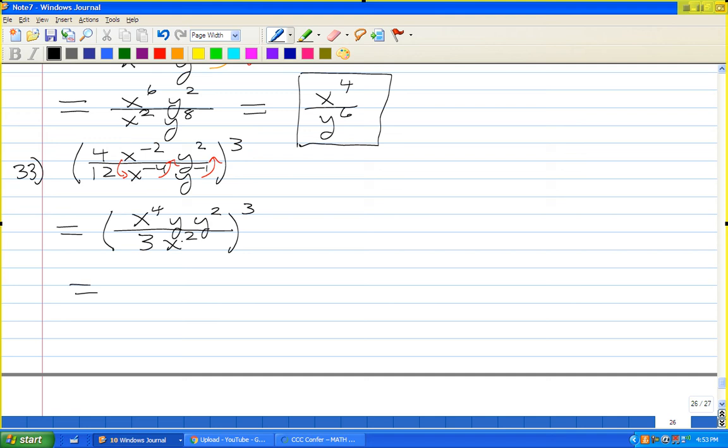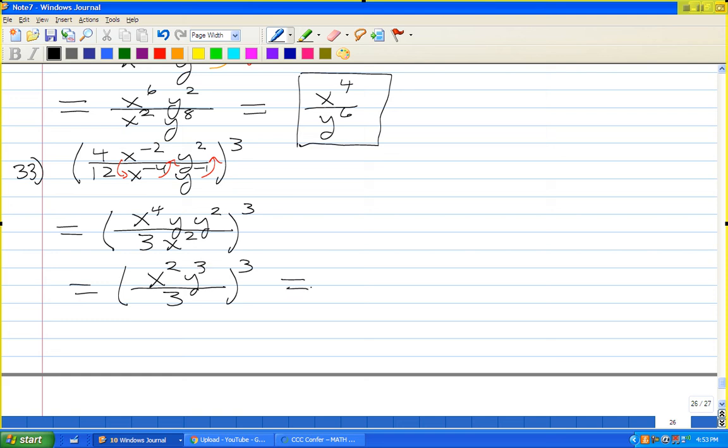4 divided by, so x, let me keep simplifying. What's in the numerator? I have the same base x. 4 is greater than 2, so x will stay in the numerator. 4 minus 2 is 2. I have the same base y, I'm multiplying. And so I'll add exponents. 1 plus 2 is 3.